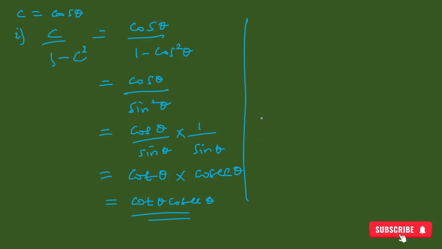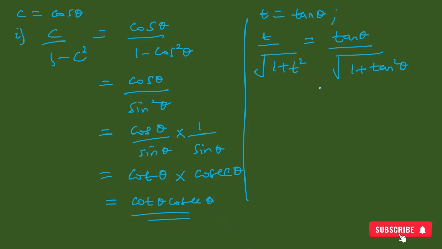All right. Let's try this with t. If we have t defined as tan theta, we want to simplify t over the square root of 1 plus t squared. Just substitute: we have tan theta over the square root of 1 plus tan squared theta.